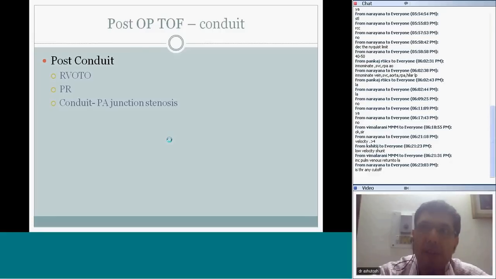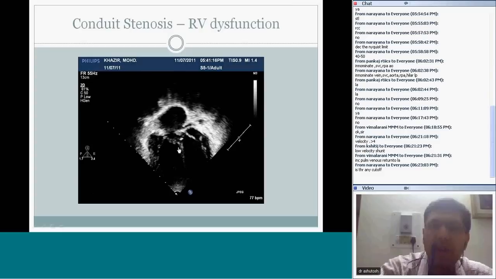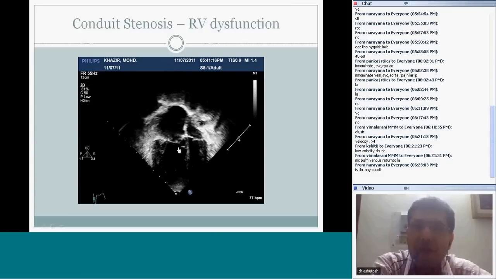Again, we have to look at RV outflow tract obstruction, which would be secondary to patients outgrowing the conduit, or simply because of calcification and degeneration of the conduit, or kinking of the conduit. Then valvular degeneration, that is, there could be pulmonary valve incompetence of the conduit valve, and conduit PA junction stenosis. So all these have to be assessed in every patient and every time.